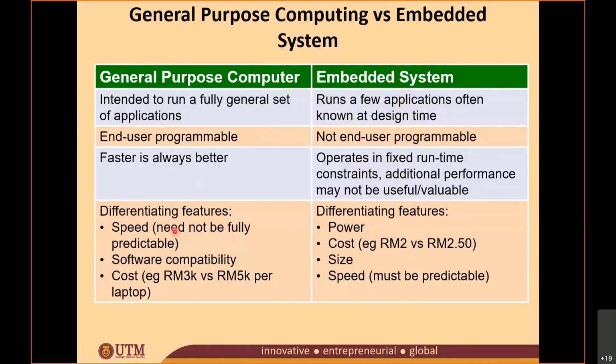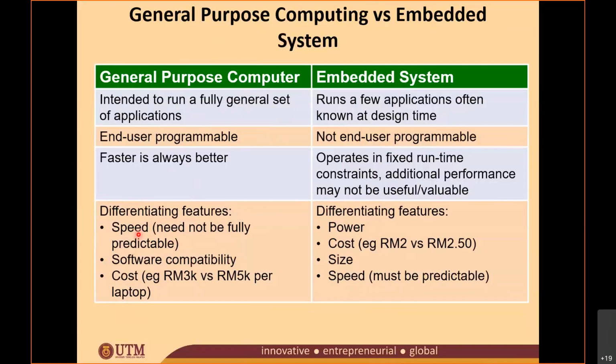So that's why it operates in a fixed runtime constraint. Other differences: the way we differentiate the features of computers is the speed of the computer, of course, the software compatibility, and the cost. The cost is the main factor in differentiating computers. In terms of speed, say you have two laptops. One laptop runs at 4 gigahertz, and the other runs at 1 megahertz.